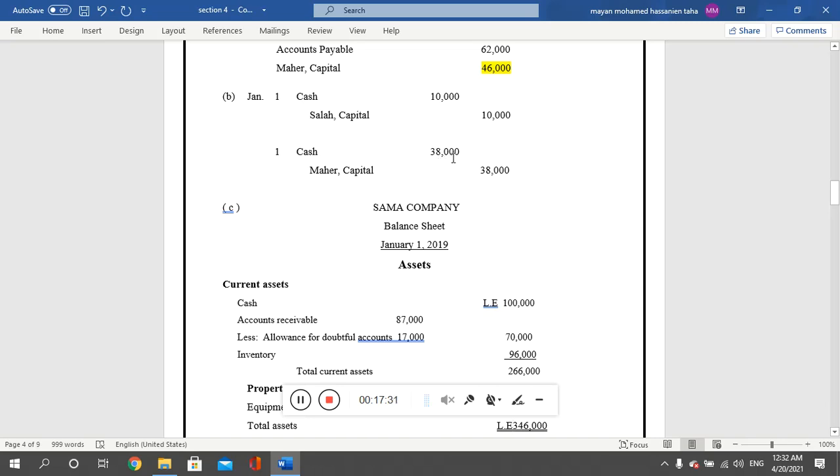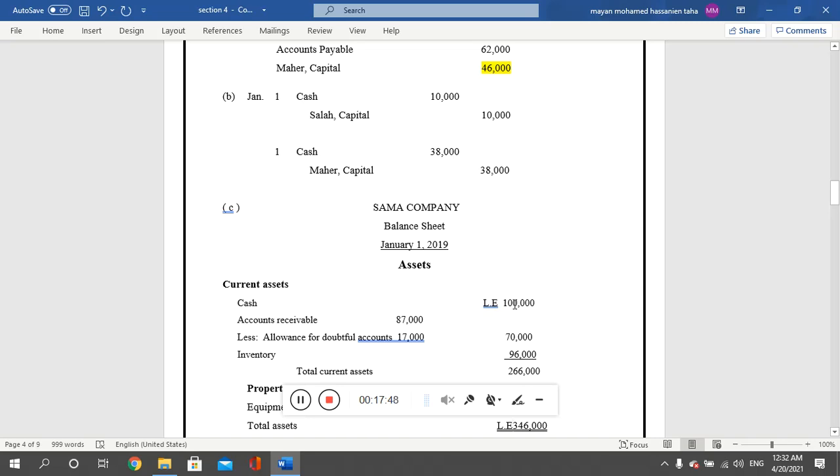So the total amount of cash after transferring cash and the additional investments will be $100,000 for both partners.